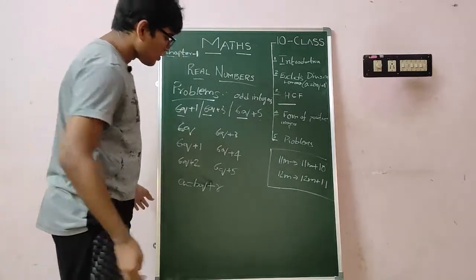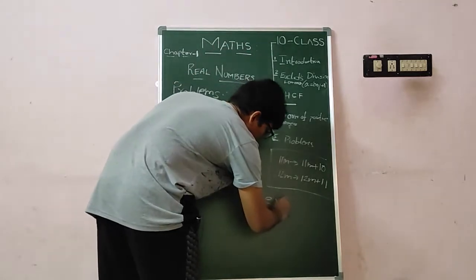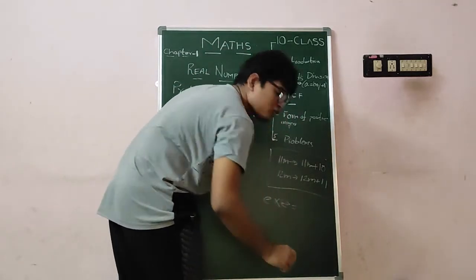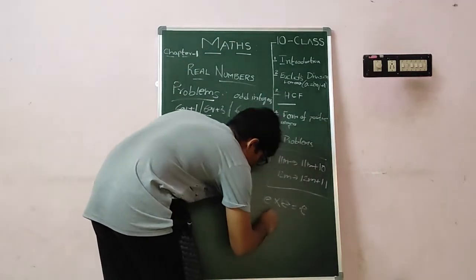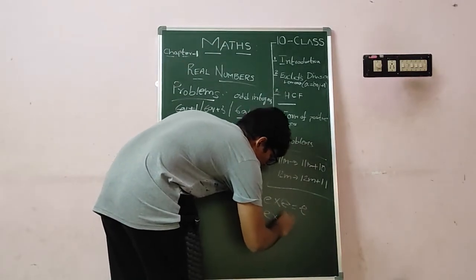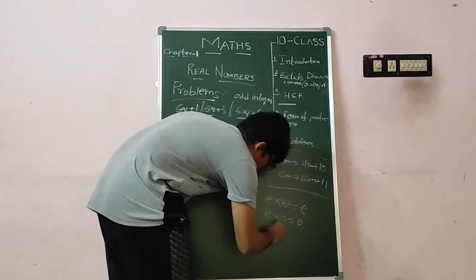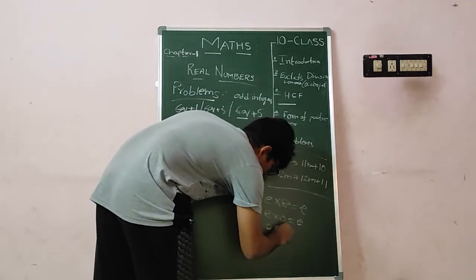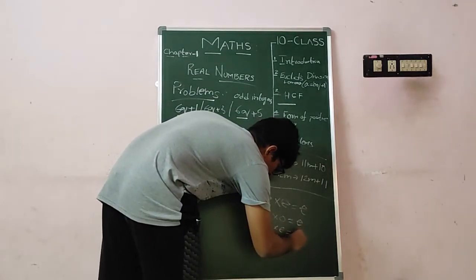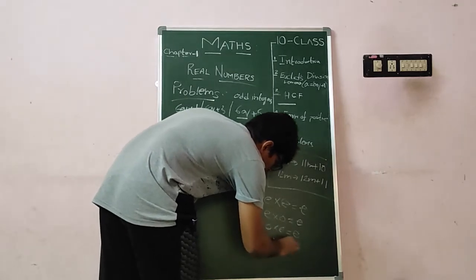You just need to note down: even into even is even, for example 2 into 2 is 4, which is even. Even into odd will be even. Same thing, odd into even. These both are similar, we have just reversed them. Odd into odd is odd.